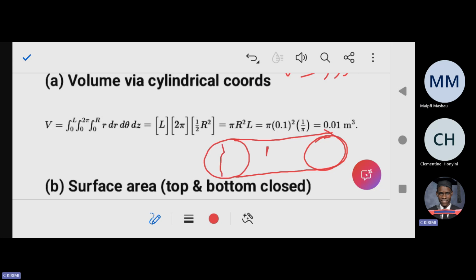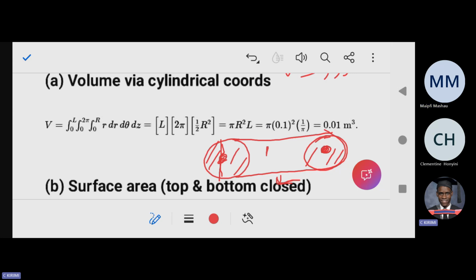Remember, this is the central point, and it's closed on both surfaces. It's closed here, and this side is also closed, which means it's a surface. So the length of the cylinder is ranging from 0 to L.